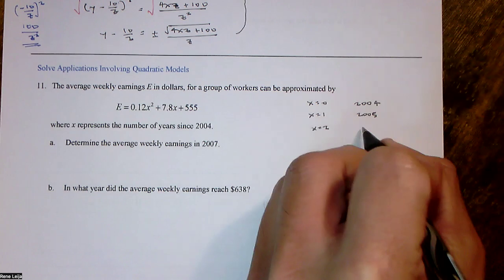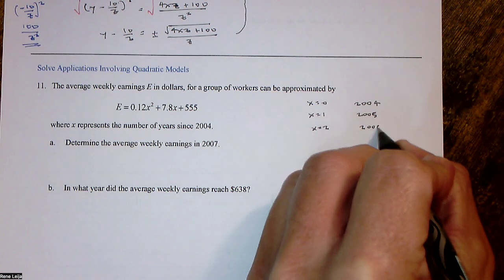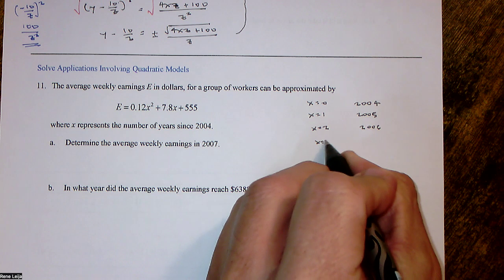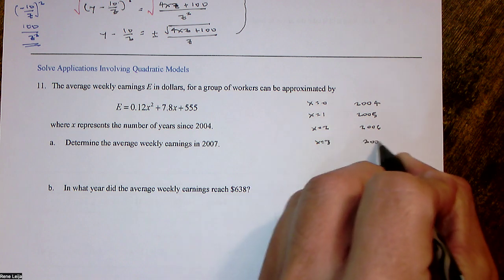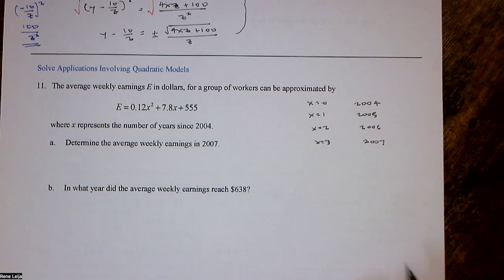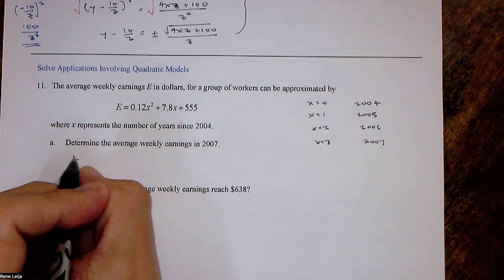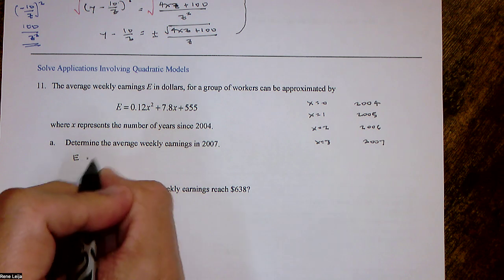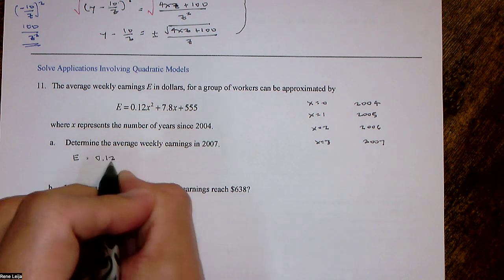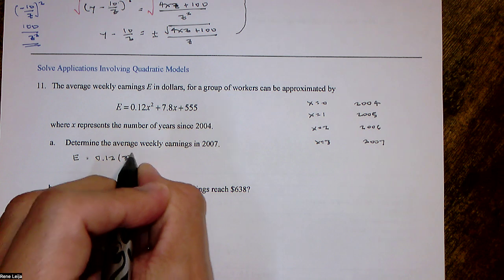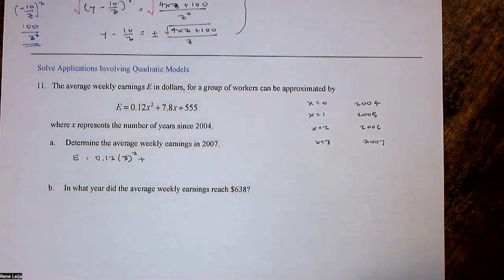When X is 2, that's 2006. When X is 3, that would be 2007. So X has to be 3. All I'm going to do is plug the 3 in for X.